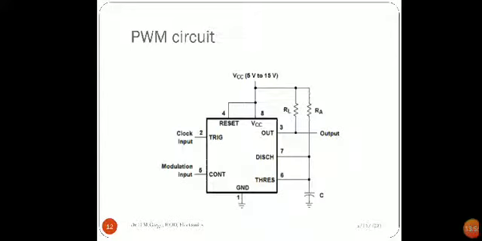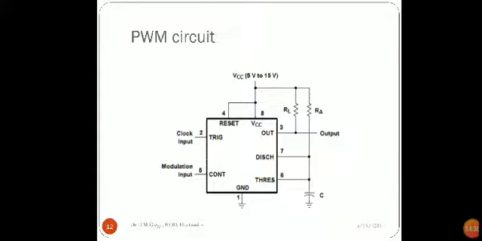Very simple. For this, you can use the 555 IC. The 555 IC has three modes of working. In this diagram, the monostable connection is shown. So monostable is the circuit which produces a pulse when a trigger pulse is applied. So the clock input is applied to the trigger, and this pulse will have a constant width if you connect pin number 5 to the ground through a capacitor or if you keep it open.